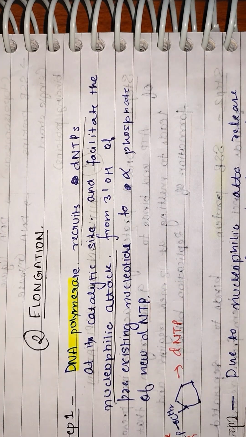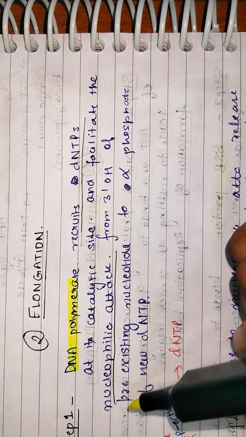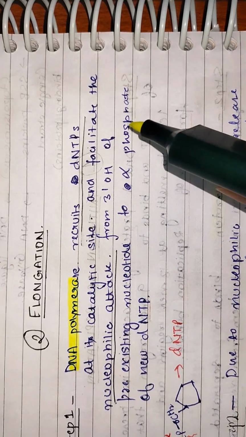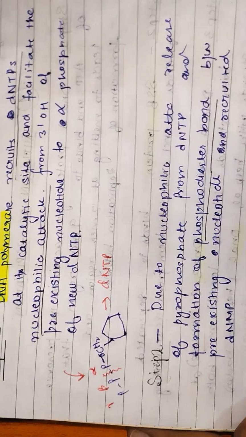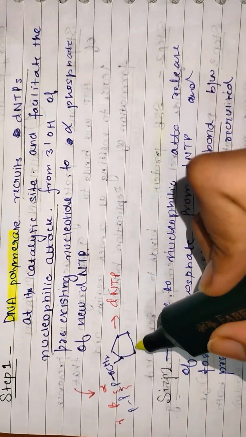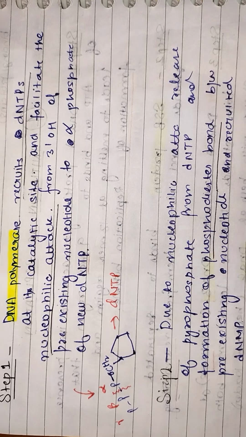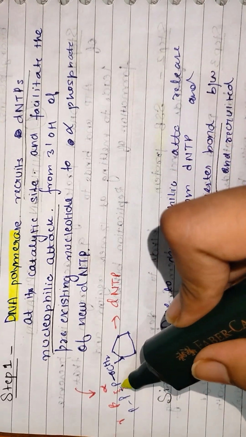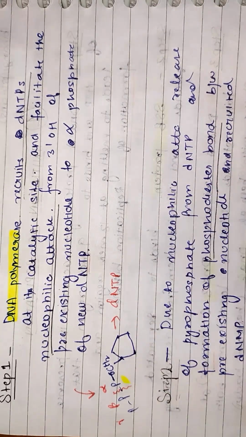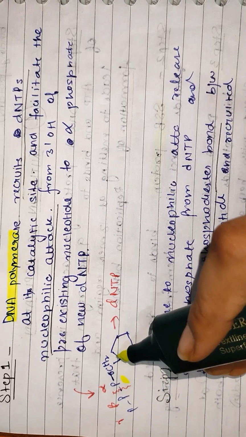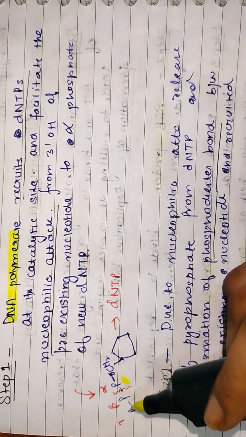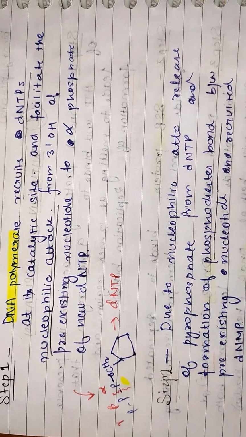It will facilitate the nucleophilic attack from the 3' OH of the pre-existing nucleotide to the alpha phosphate of the new dNTP. The alpha phosphate is the phosphate directly attached to that dNTP, and this is the beta phosphate, this is the gamma phosphate.